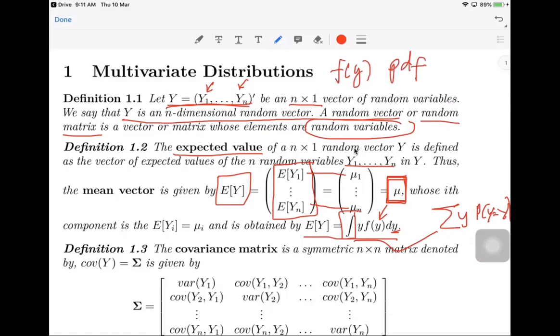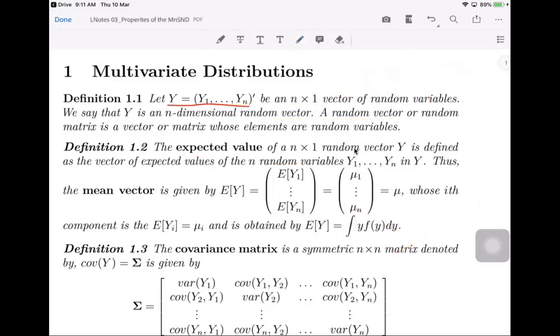For discrete, it is called the probability mass function.